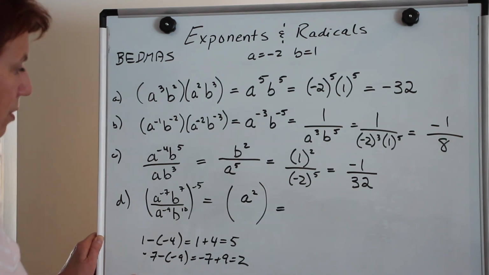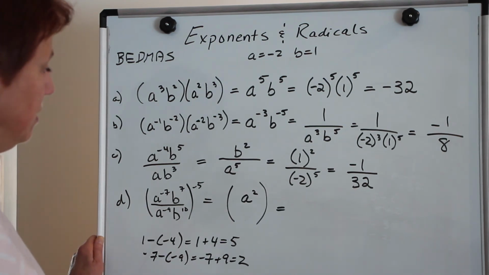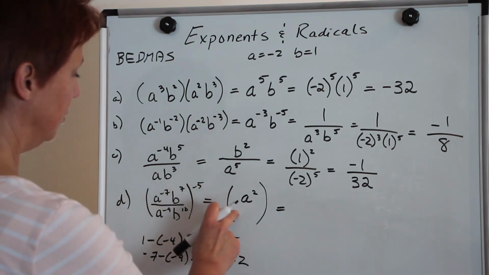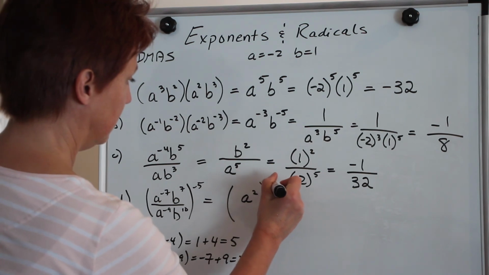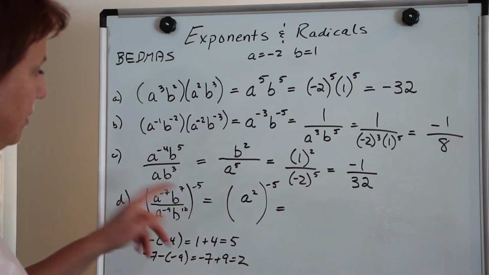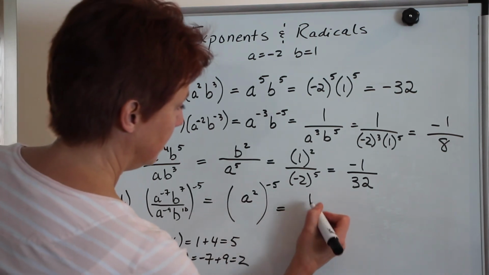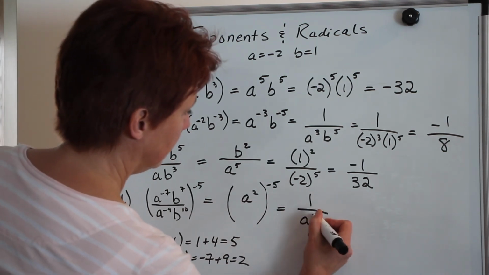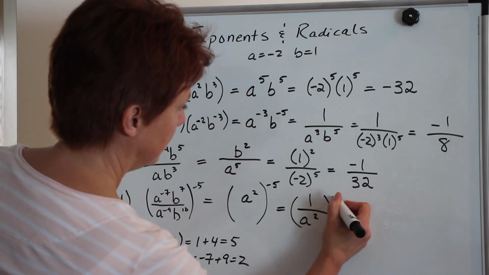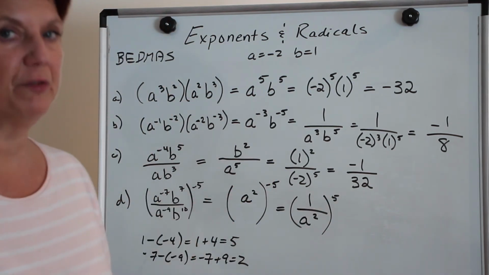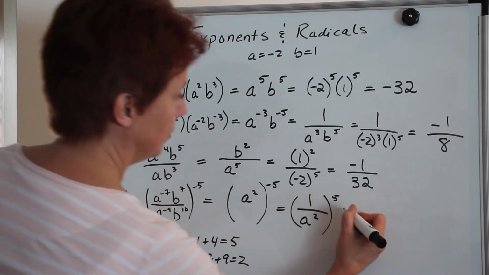As I said before, we're going to disregard the b's because we know that they're irrelevant. This a squared, there's no denominator now, so we're just going to raise it to the power of -5 because we haven't dealt with that yet. Then we're going to go 1 over a squared to the positive 5. We could also have gone a to the -10 and then flipped it. It doesn't really matter, okay?